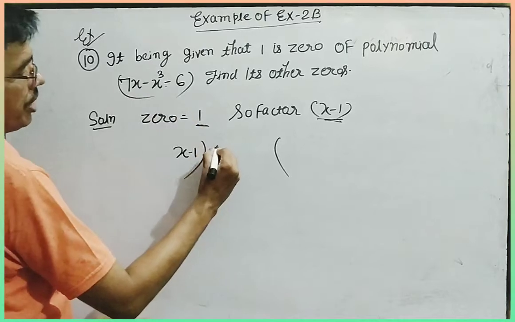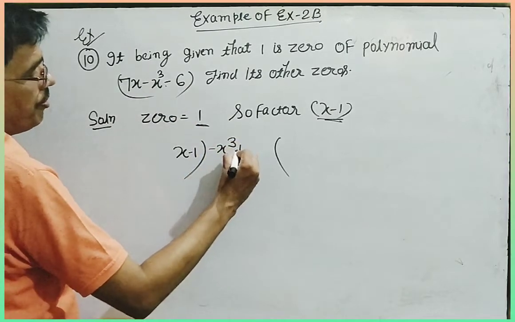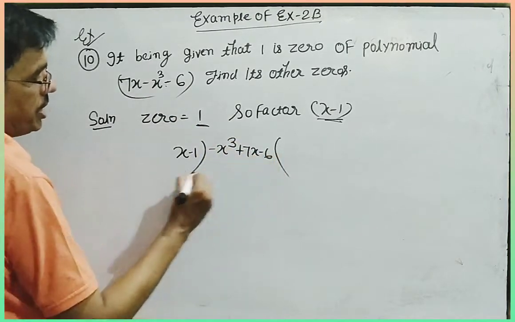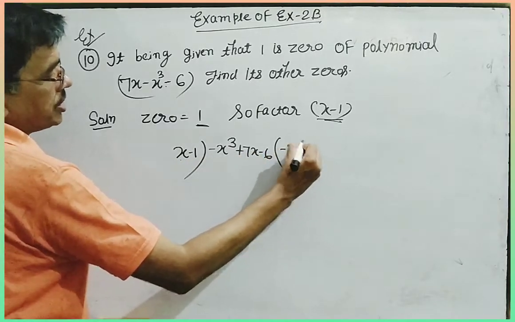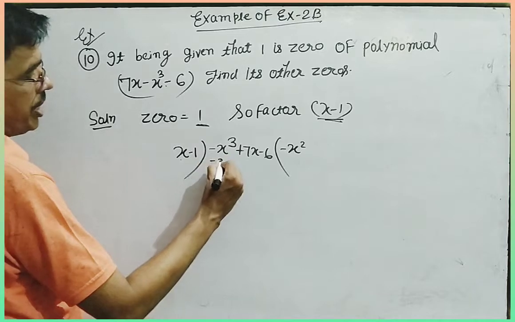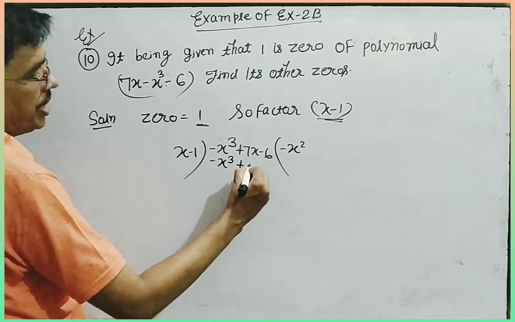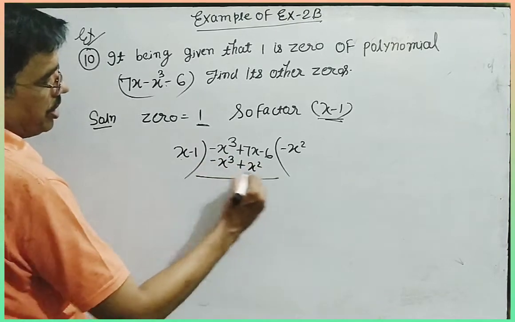You arrange it according to degree: minus x cube plus 7x minus 6. Here is x minus 1, so you write minus x square, then it is minus x cube plus x square, cancel.